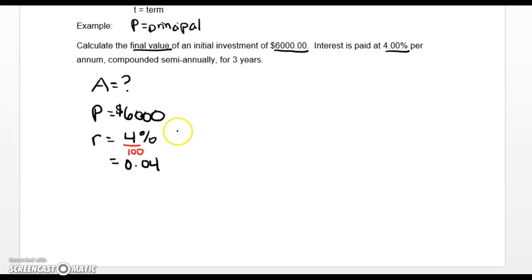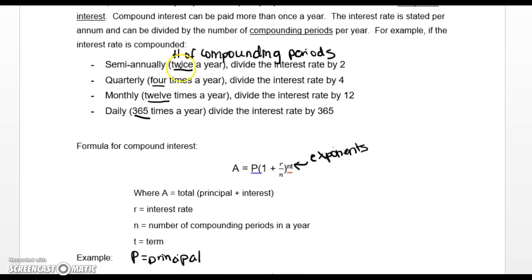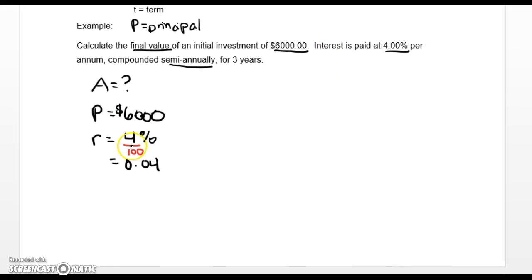Then we're told that our interest is compounded semi-annually, and if you remember, that is in our list above. Semi-annually means twice a year, so our number of compounding periods is 2. Then we're told that this is over 3 years, so that is your term. Now we're going to fill this information into our formula.